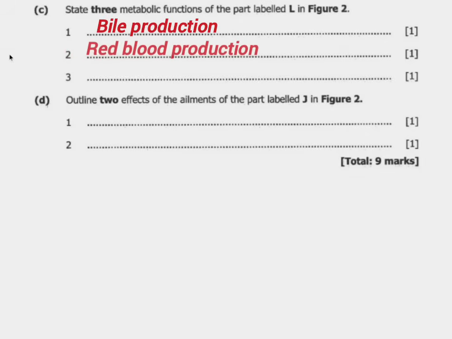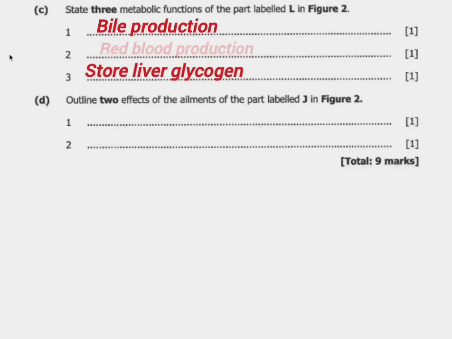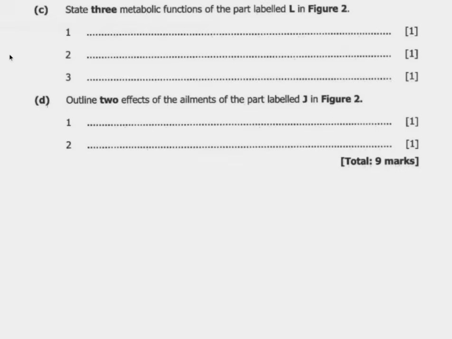Apart from red blood cell production, you can talk of storing glucose in form of liver glycogen. Storage of glycogen in form of liver glycogen. Apart from that one, detoxification of drugs such as alcohol and other substances. Apart from that one, it also has an important role in homeostasis, as it is able to produce what? Heat.